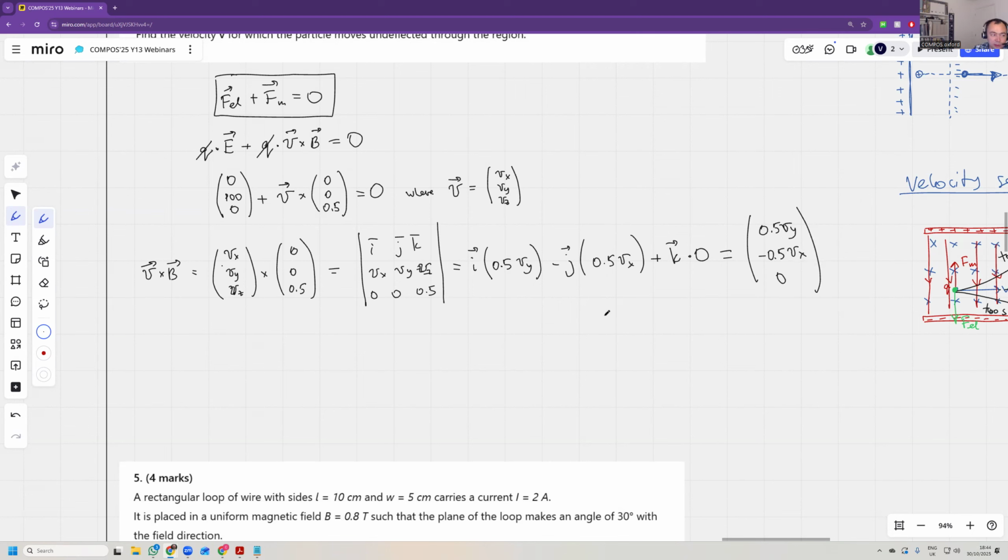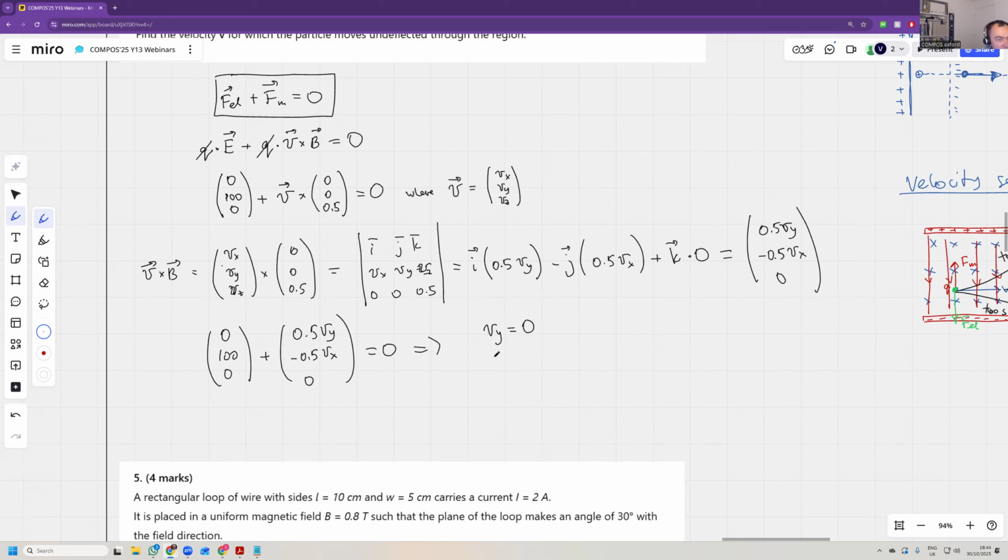This is the cross product of V and B, and we substitute that back into our equation. So 0, 100, 0 plus 0.5 Vy, minus 0.5 Vx, and 0, and that's equal to 0. Hence, Vy must equal 0. Vz can be anything, by the way.